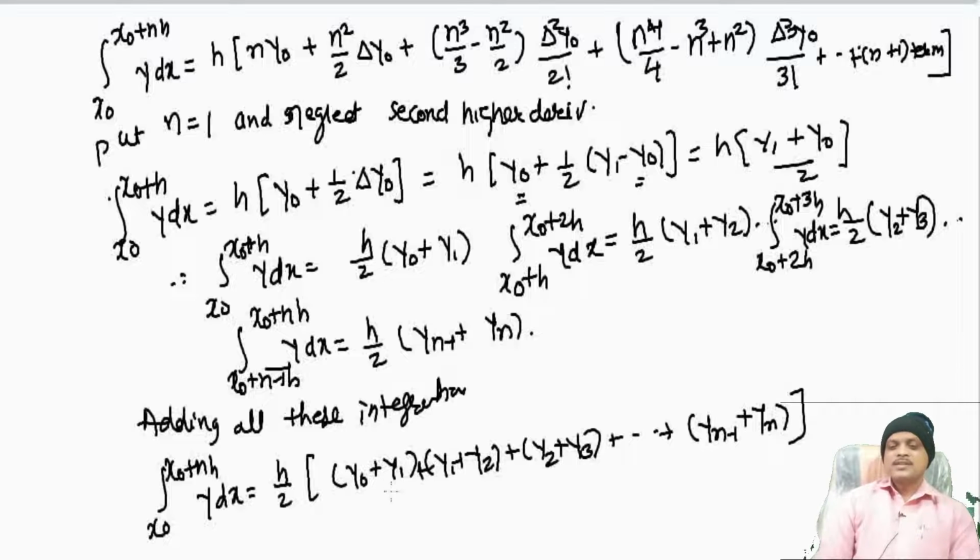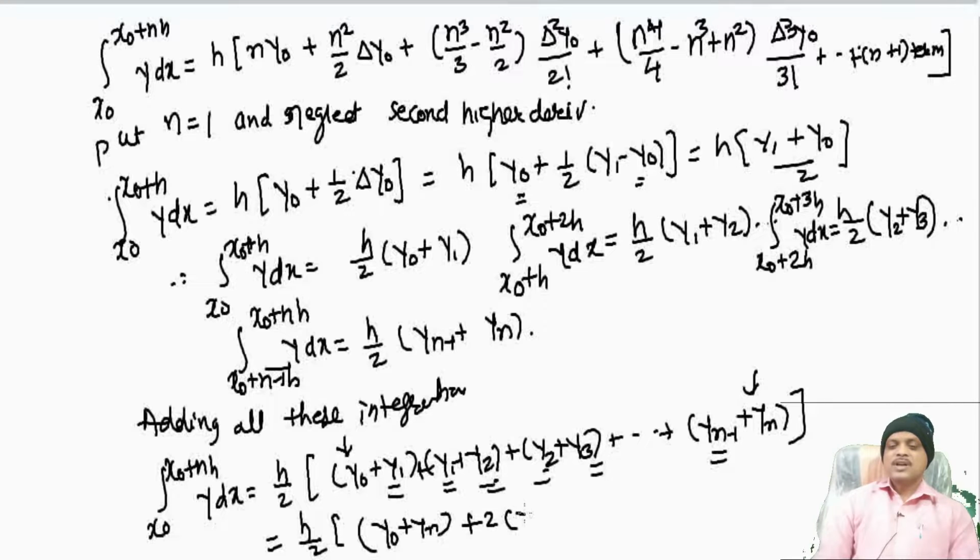Look at this: y1, y2, y3, up to yn minus 1 appear twice, and only y0 and yn are single terms. So this is equal to h divided by 2 into [(y0 plus yn) as single terms, and all other terms twice, that is 2 into (y1 plus y2 plus ... plus yn minus 1)].